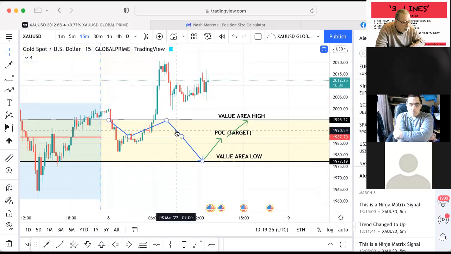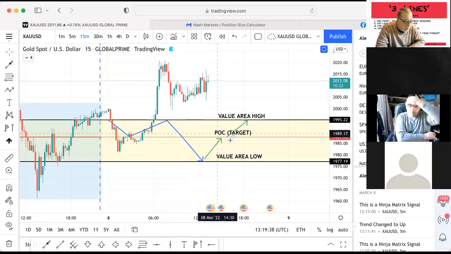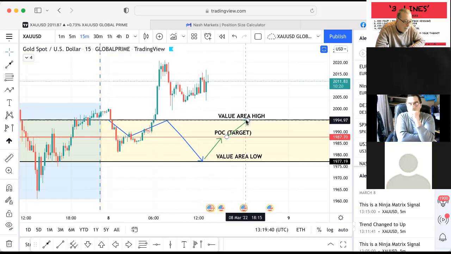So what I do is I take the trade down to that point and then I reassess. And when I'm ready, I'll get into that trade there. And the same with this one. I would only trade up to the target and I would reassess and then go for a further trade.